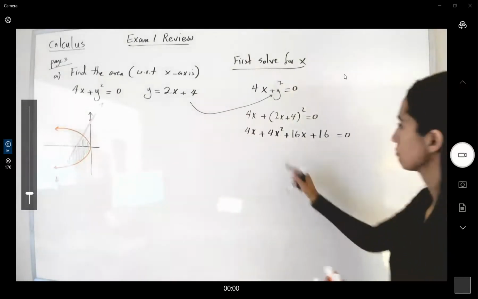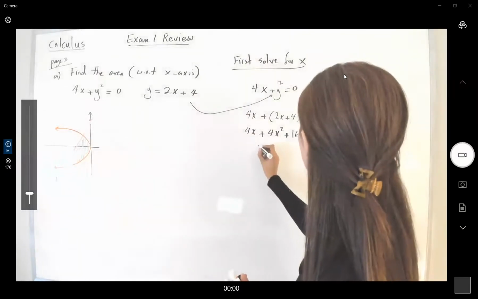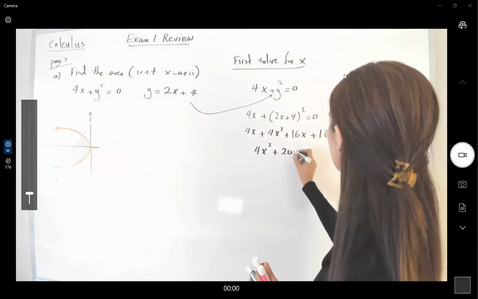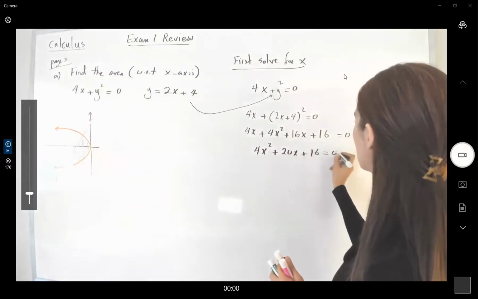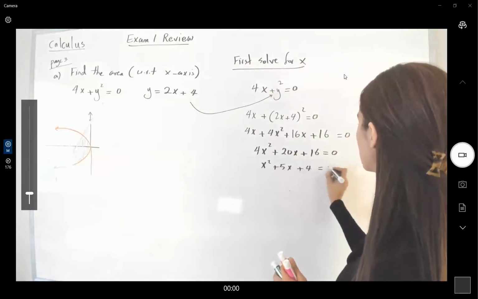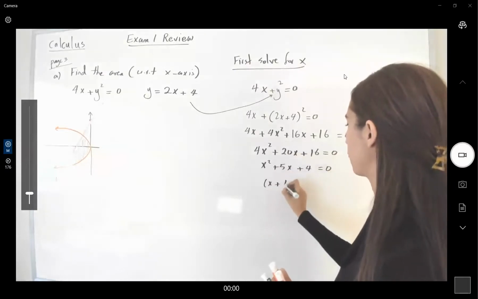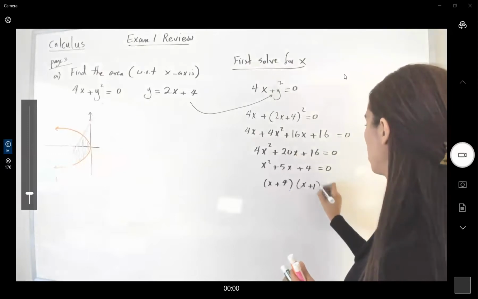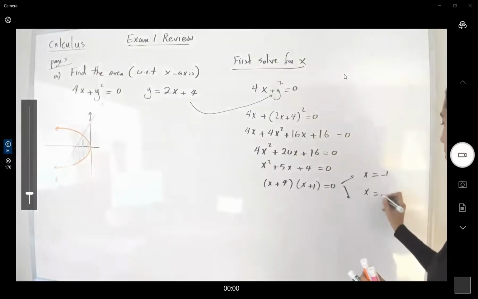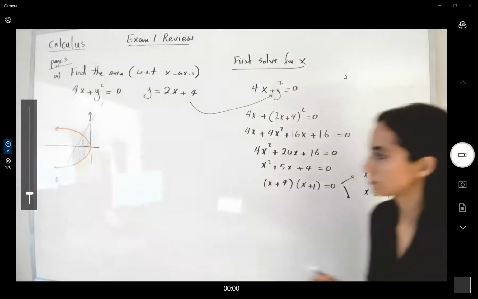Very well. So here we have 4x squared plus 20x plus 16 equal to 0, or x squared plus 5x plus 4 is 0. So x plus 4 times x plus 1 is 0. So x is -1 and x is -4.